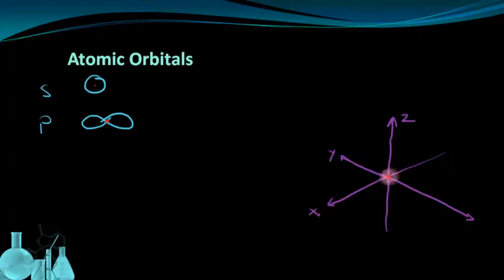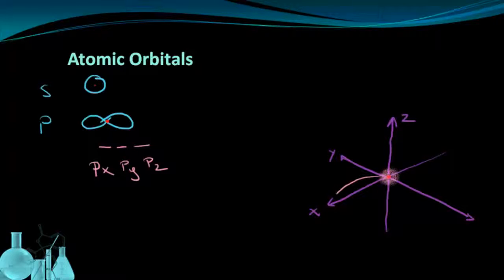Before we draw in our P orbitals, we should remember that for every energy level, there are actually 3 P orbitals. And now that we have this system set up for a 3-dimensional space, you might have an idea of why. There's going to be a px orbital, there's going to be a p orbital for the y-axis, and a p orbital for the z-axis. And when we draw them in, they look something like this. Let's do px first.